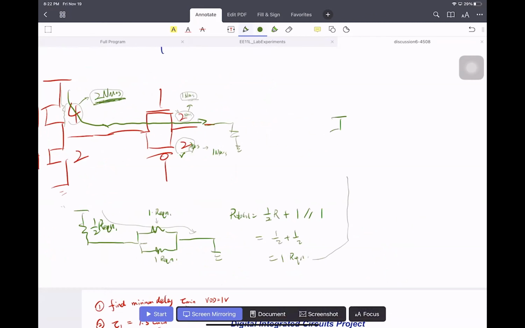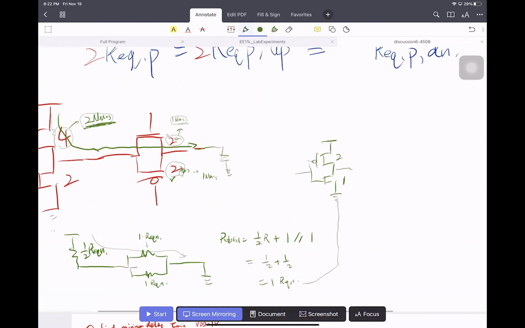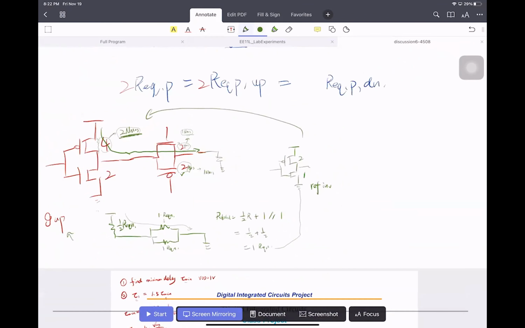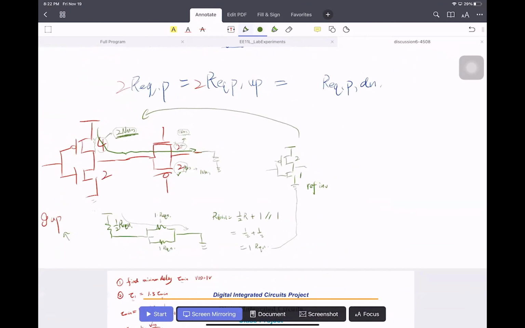So the NMOS of the reference inverter should be 1, because in that case they have the same driving strength, and the PMOS should be a size of 2. So then this is the reference inverter of our compound gate here. Then we can calculate the logic effort.